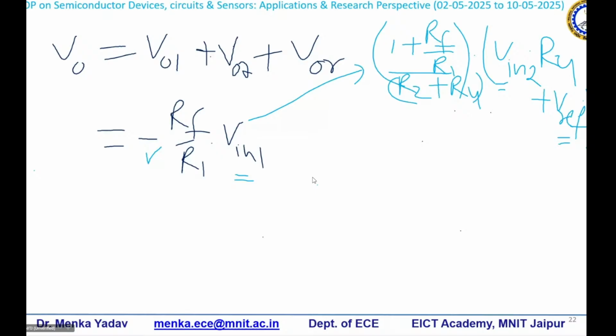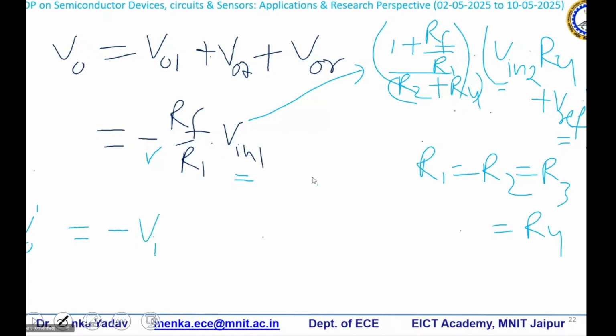So I am making the assumption that R1 is equal to R2 is equal to R3 is equal to R4. If that's the case, then in this special case, let's say VO dash, Rf upon R1 becomes 1, so it becomes Vin 1 plus, look at this, 1 plus Rf upon R1. This becomes 1 plus Rf upon R1 because Rf was equal to R3, right?